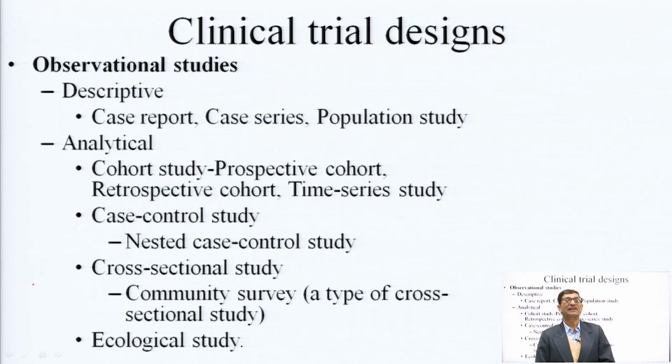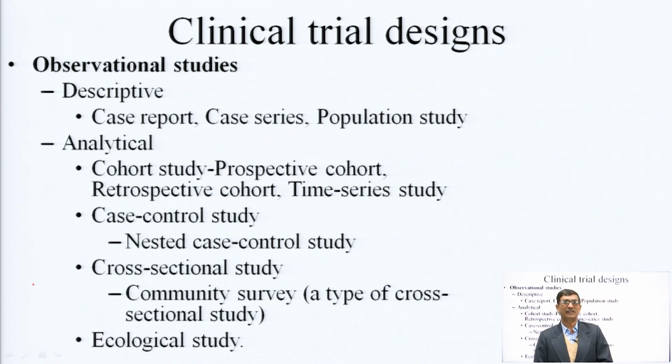In analytical studies you do cohort study, prospective cohort study, retrospective cohort study or time series study. Also in analytical studies we do case control study, in which we do nested case control study or cross sectional study. In a cross sectional study you observe the patient at a point in time.